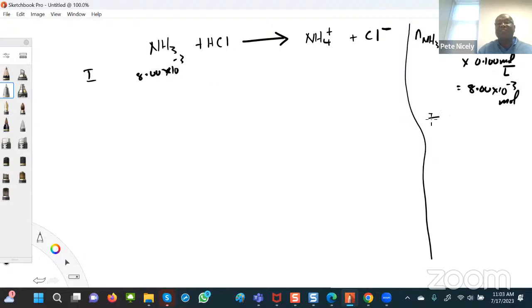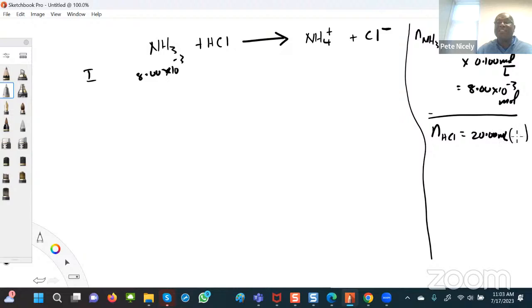And then I'm going to do a similar calculation for the number of moles of HCl, and that would be equal to the volume, which is 20.00 mL.